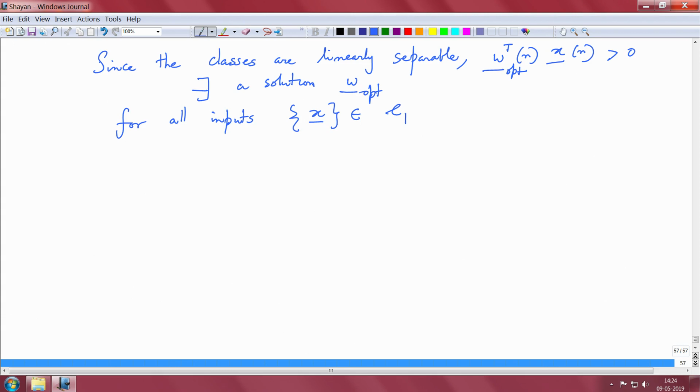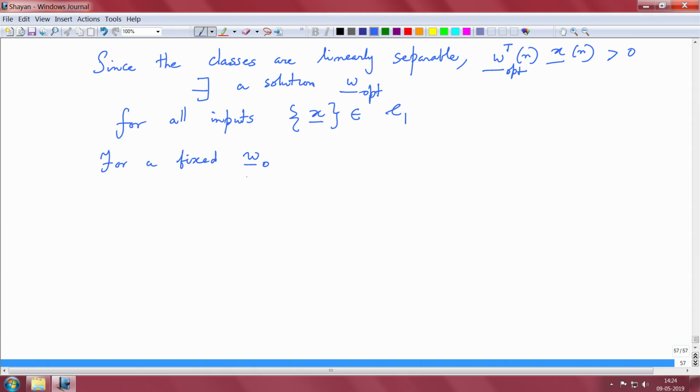Now, for a fixed W optimum, instead of writing OPT throughout, I will just use O here. Do not confuse the O with the 0.